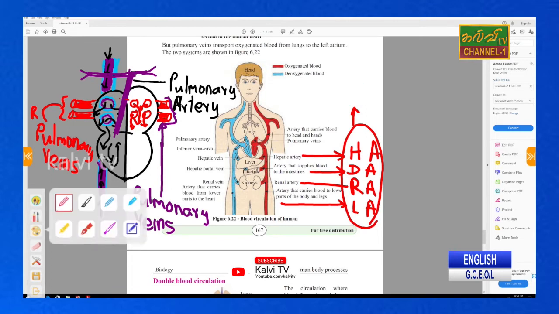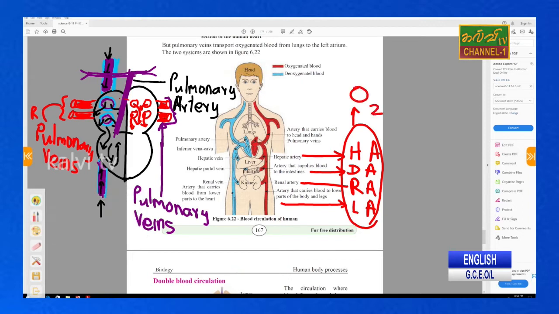But the exception is the pulmonary artery. This is called the pulmonary artery.